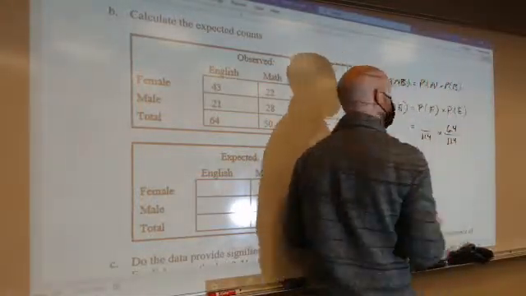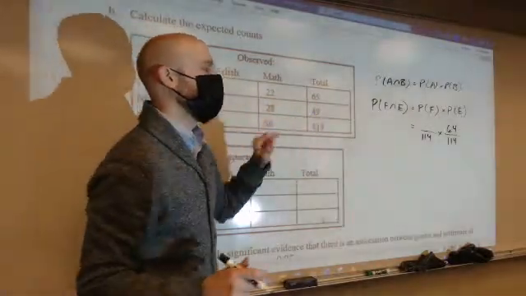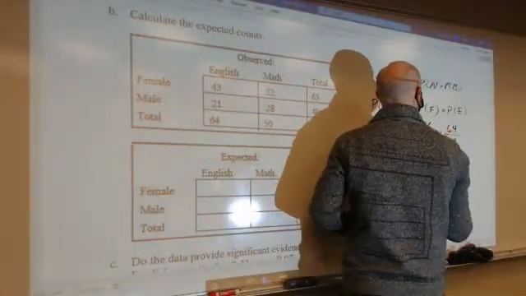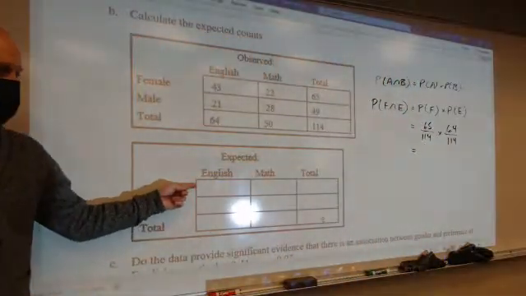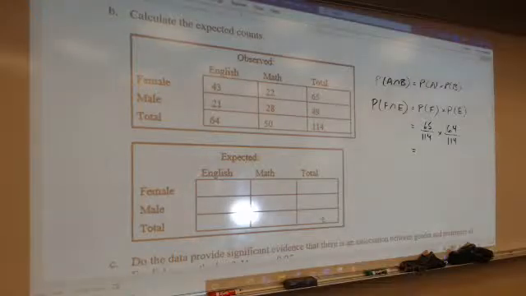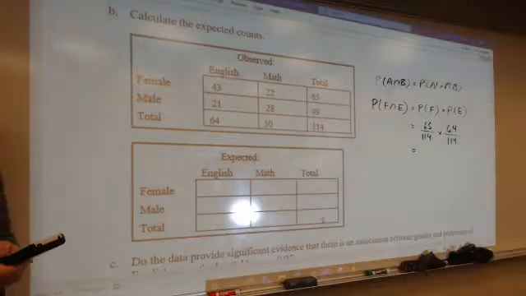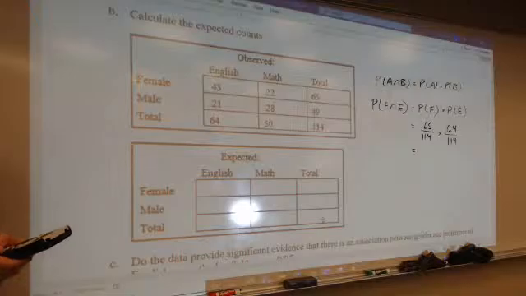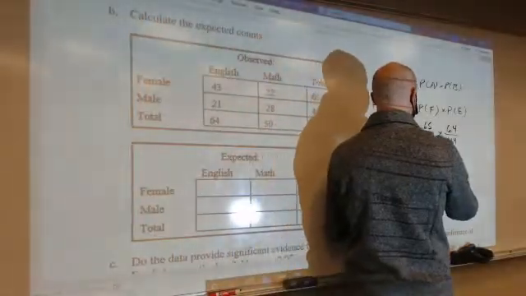The probability of being female in this data was 65 out of 114. All right. So the probability of being in this box here would be, did I calculate that? I didn't calculate that yet. All right, 65 times 64 divided by 114 divided by 114 ends up being about 32%.